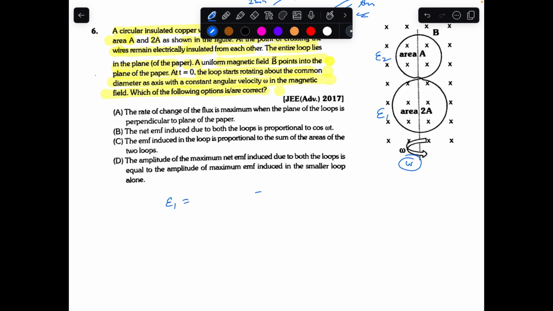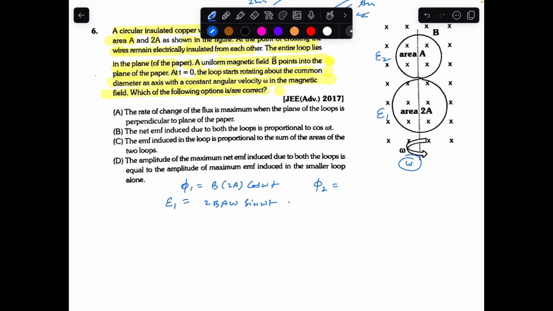Okay. What will be E1? Phi 1 is B into 2A cos of omega t. So E1 is 2BA omega sine of omega t.